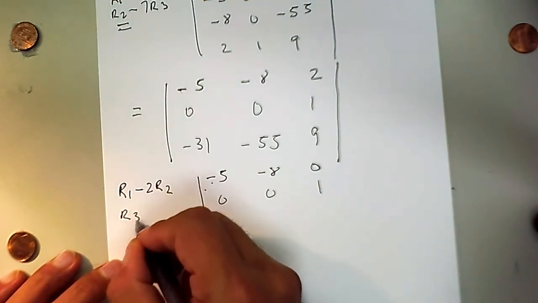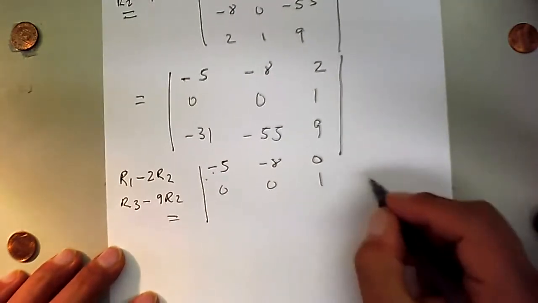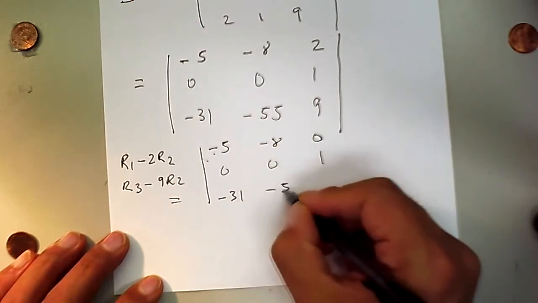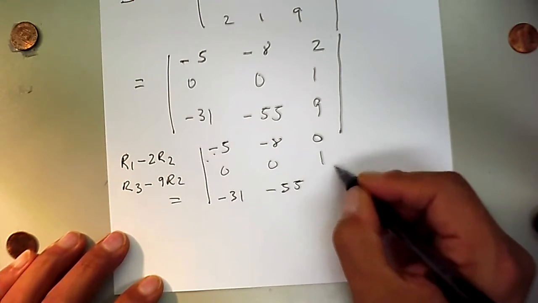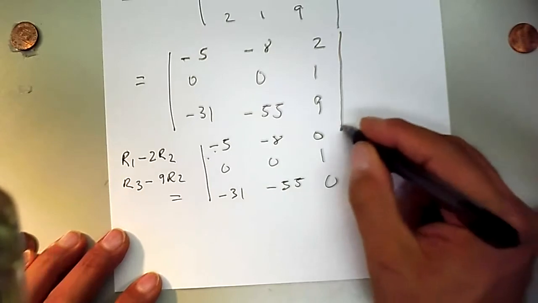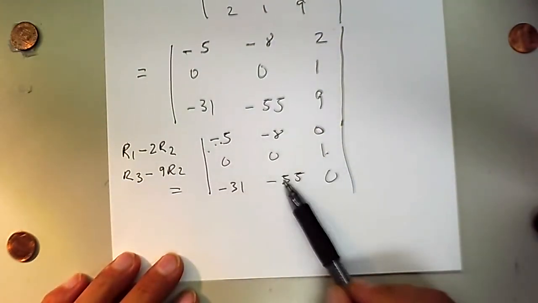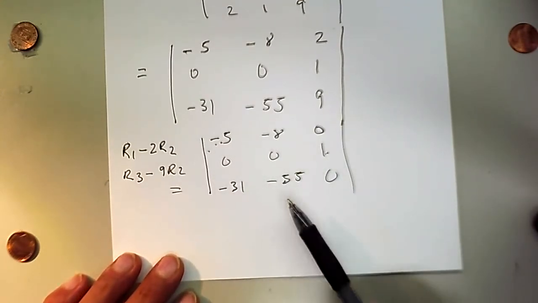So row 3 minus 9 times row 2, and the determinant is going to be equal. So 0. Again, the more zeros we have within reason, the better. We still have to multiply this times that, this times that, but then all the other products are going to be 0.